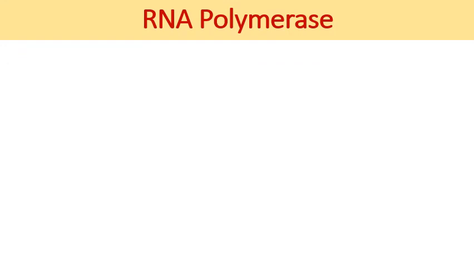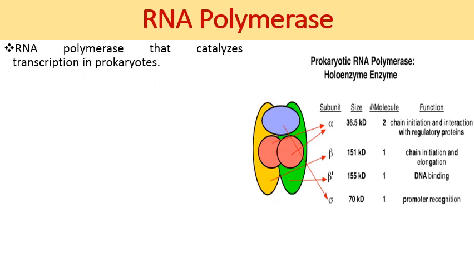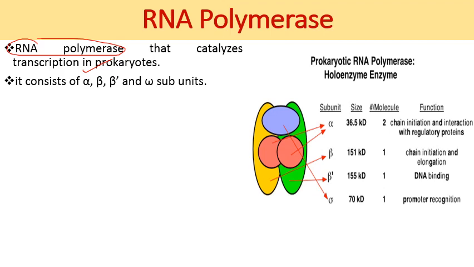Next, the enzyme involved in the transcription process is RNA polymerase. In prokaryotes, there is a single RNA polymerase which catalyzes all the functions. RNA polymerase that catalyzes transcription in prokaryotes is made up of 4 subunits: alpha, beta, beta dash, and omega subunits. So there are 4 polypeptide chains which combine to form this enzyme.